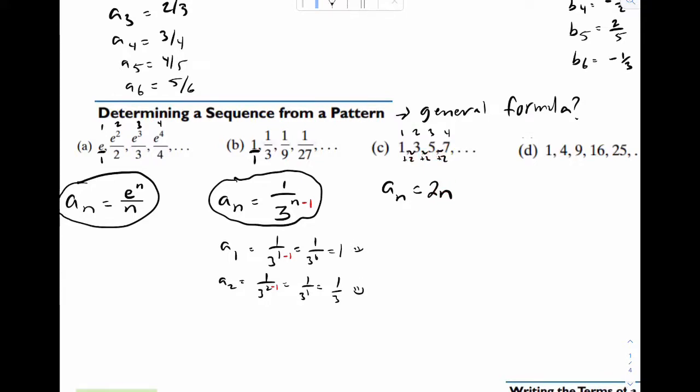Now the problem currently is, again, if I plug in 1, I get 2. If I plug in 2, I get 4. So similar to what we did here, let's try to fix it. I want this to become a 1. I want 4 to become a 3. So to fix it, let's just subtract 1 off of it. And that will do it. We can see now that this formula does fit that sequence right there.